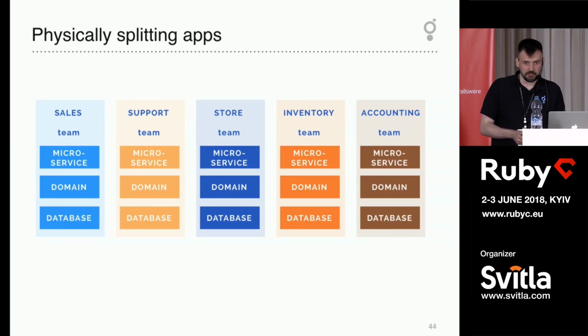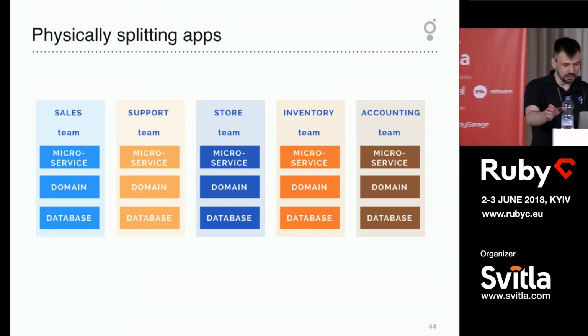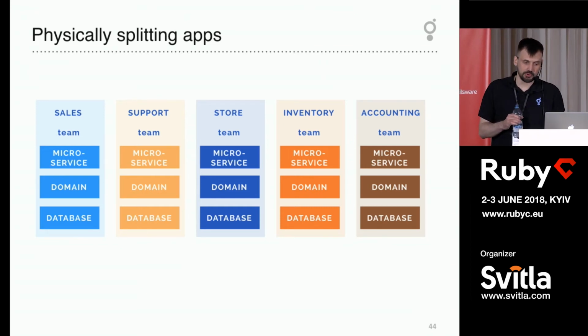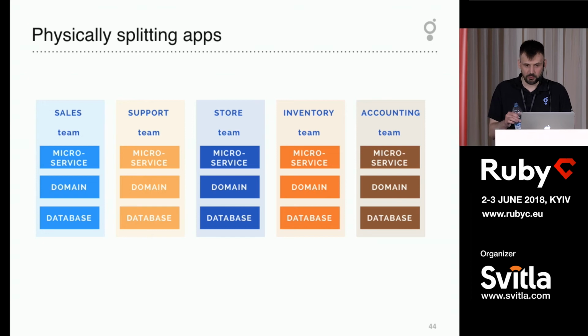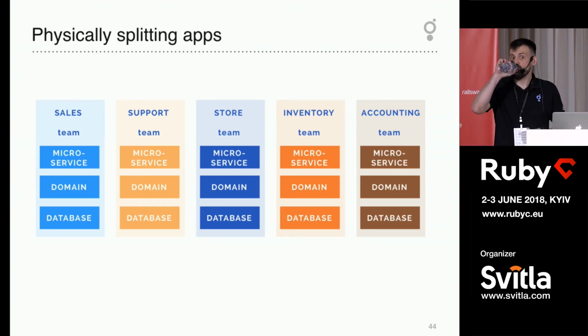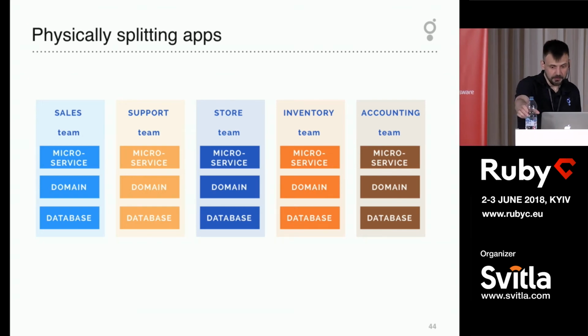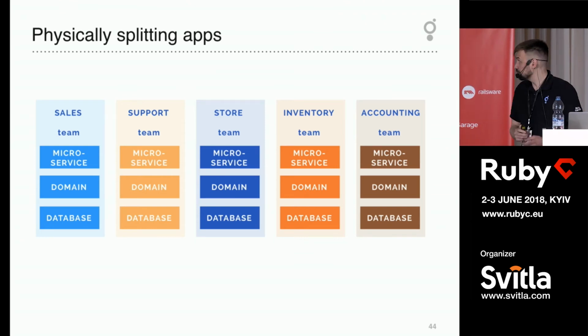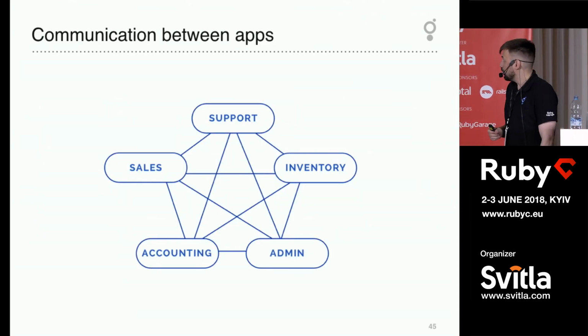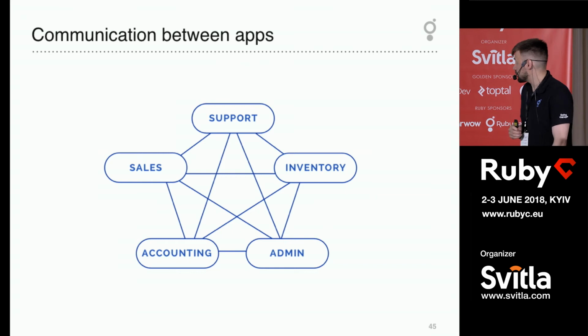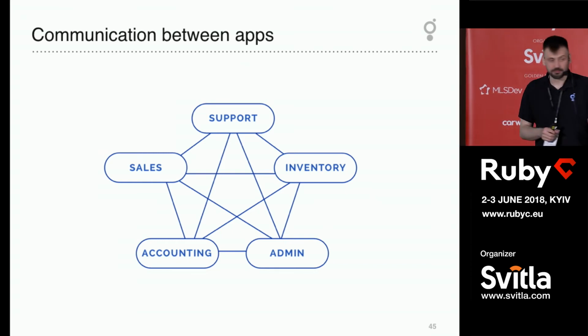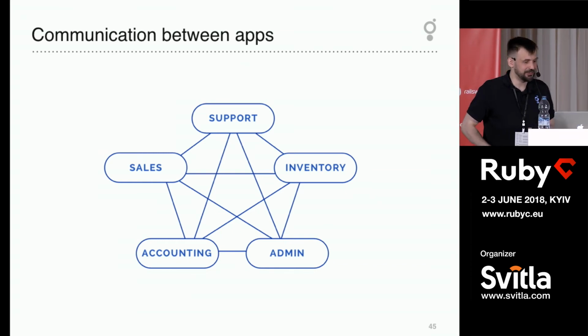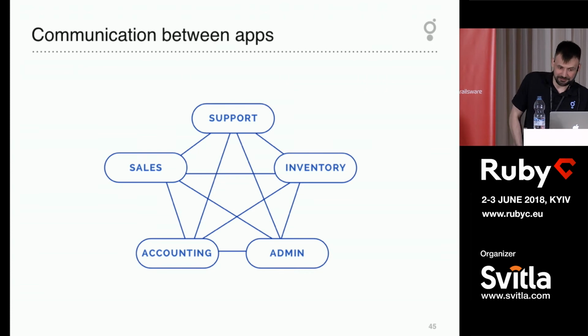It provides the ability to split development teams and let specific teams focus on a specific domain. And another question is how to provide the ability to communicate between these apps.